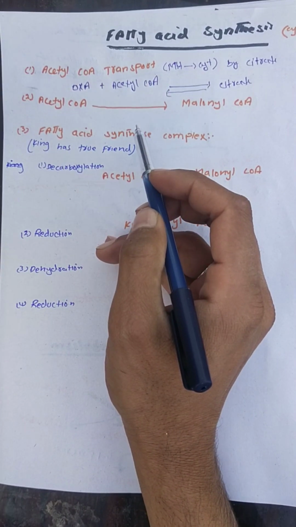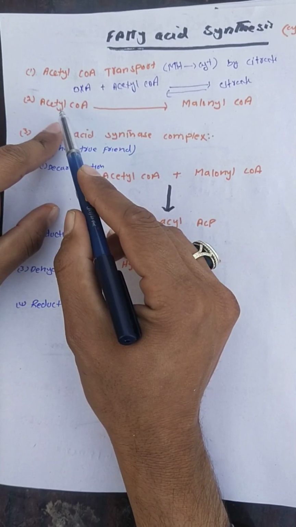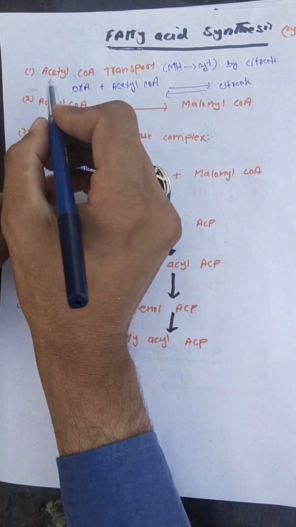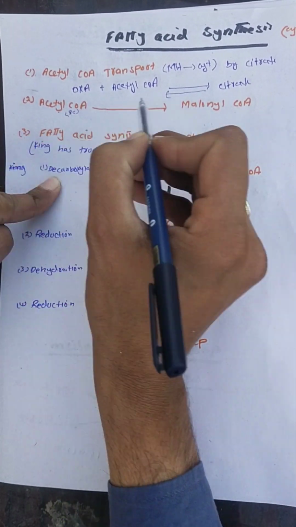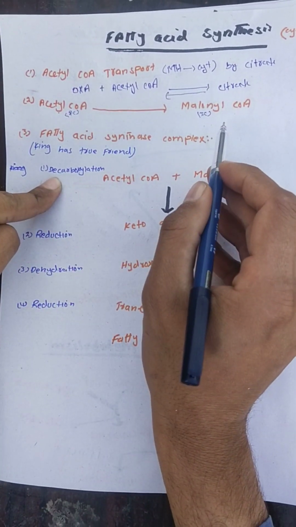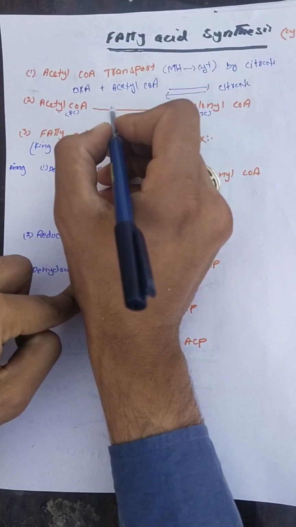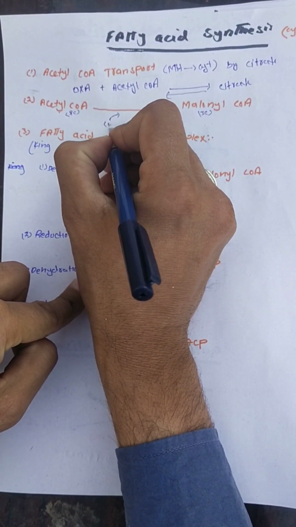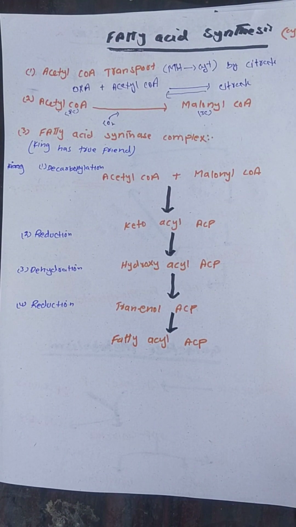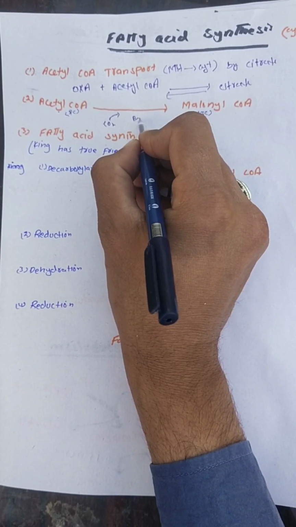Then, when we have transported acetyl CoA into the cytosol, we convert it into malonyl CoA. How? Acetyl CoA is a 2 carbon compound and malonyl CoA is a 3 carbon compound, so for this conversion we need one more carbon. Who will supply it? Carbon dioxide. Carbon dioxide supplies the carbon to form malonyl CoA from acetyl CoA. Whenever we have a carboxylation reaction, there is vitamin B7, which is biotin.